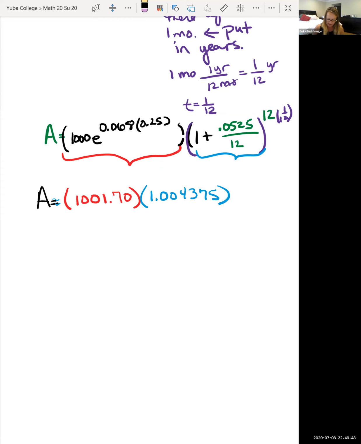I'm going to multiply that by the answer that we had above, 1,001.70. So the amount that she has back is $1,006.08.